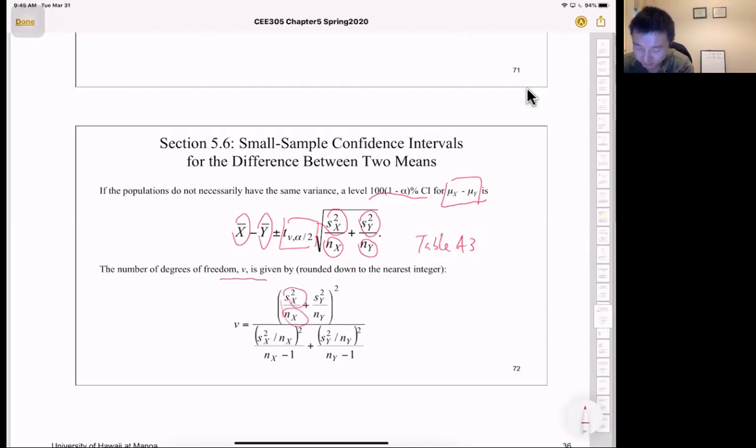We just plug in the numbers and calculate the degrees of freedom. Remember, for Student's t distribution, one parameter is the degrees of freedom, and the other is half alpha, which depends on what level of confidence we want.